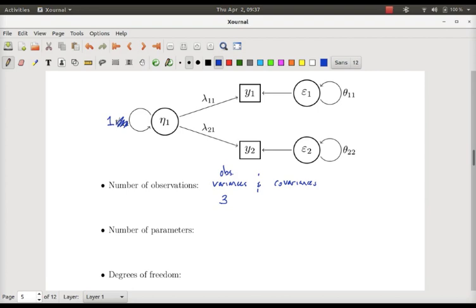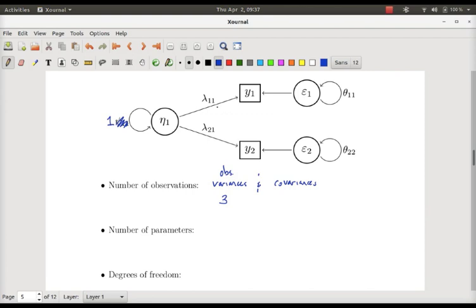Now, if you're worried about counting here, I'm going to show you a shortcut on the next example, but just keep in mind, sometimes this is not too intuitive, so that's why I'm going through it pretty slowly. The number of observations is 3. Now, what about the number of parameters?